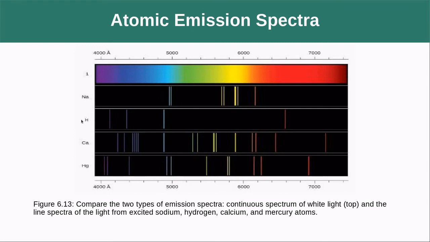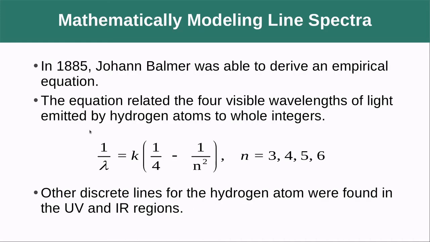So if all the electrons in hydrogen could have any energy state, then you would get the continuous spectrum. But if there were only some permissible energy states for the electrons in the hydrogen, then you wind up getting these discrete lines. That again is an example of the quantization, and we're going to jump into some of the theory behind it.